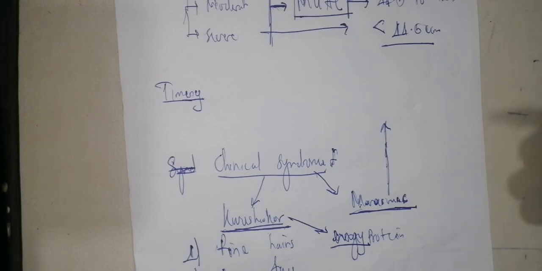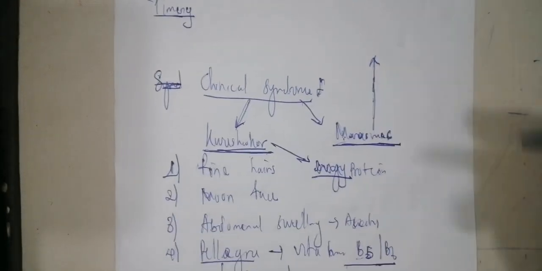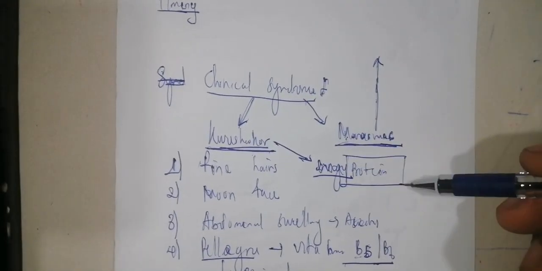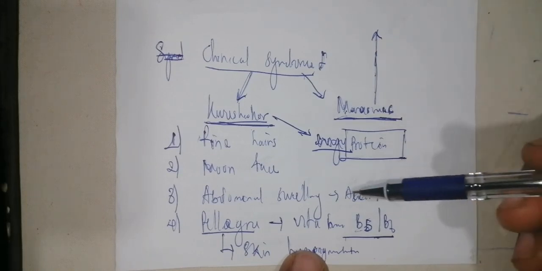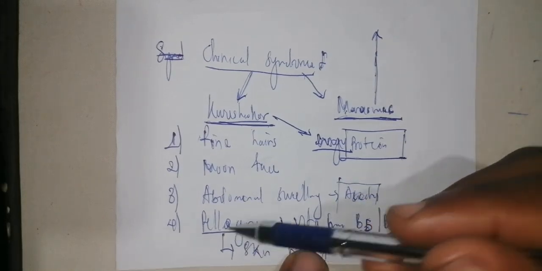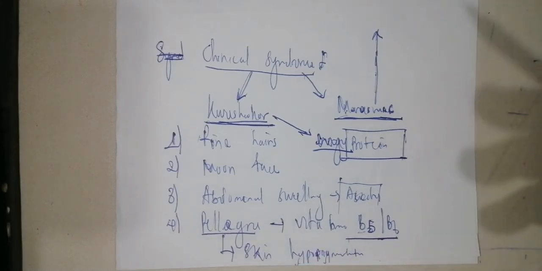Are you understanding? So let's understand kwashiorkor. In kwashiorkor, there is mostly a lack of protein. Since there is a lack of proteins, you are going to have problems. This ascites, this pellagra, this skin depigmentation are because of lack of protein, because normally albumin is the one that is supposed to maintain the oncotic pressure.